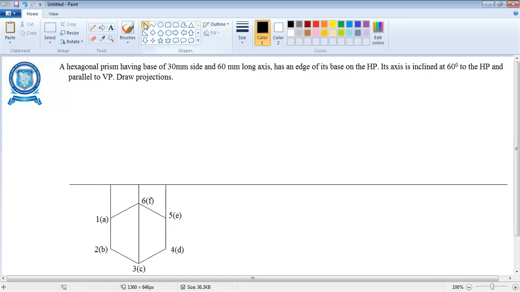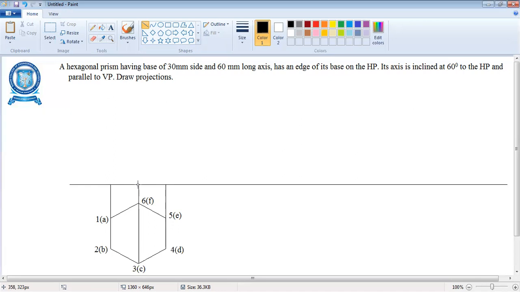In the front view, the hexagonal prism looks like a rectangular box. The height is 60 mm, since the axis length given is 60 mm.